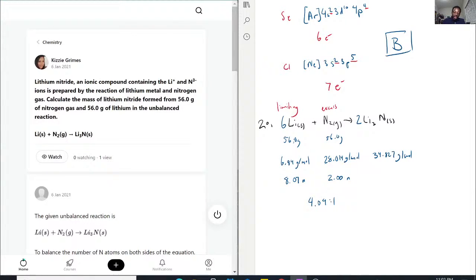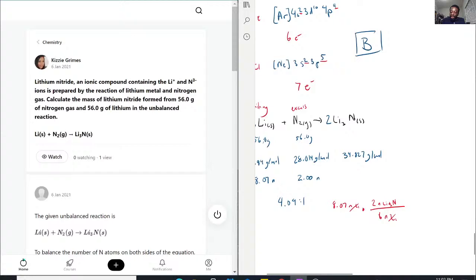So that being said, we're going to convert that 8.07 moles of the lithium to lithium nitride. So that'll be 8.07 moles of lithium times, and the ratio here, as you can see, is for every 2 moles of lithium nitride, there's 6 moles of lithium. And these two can cancel out.